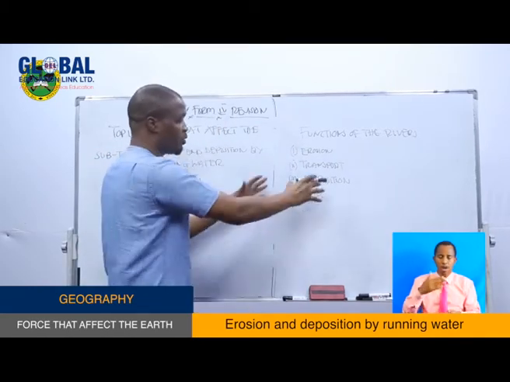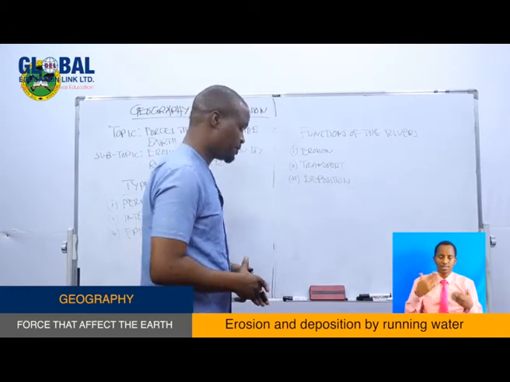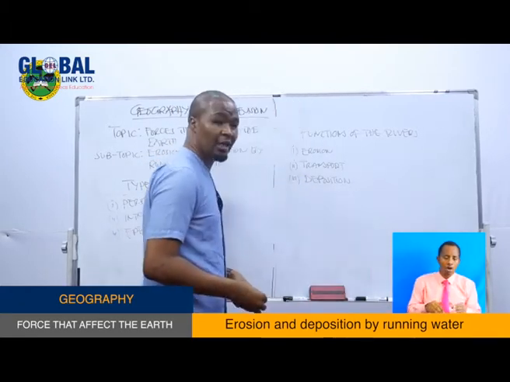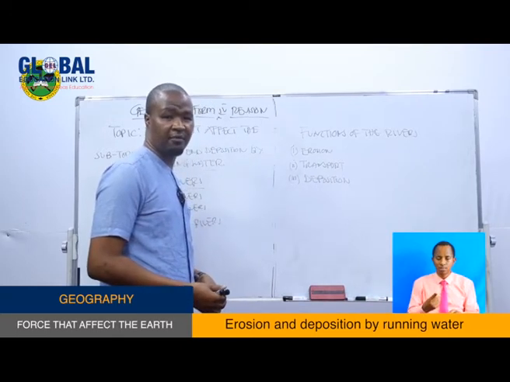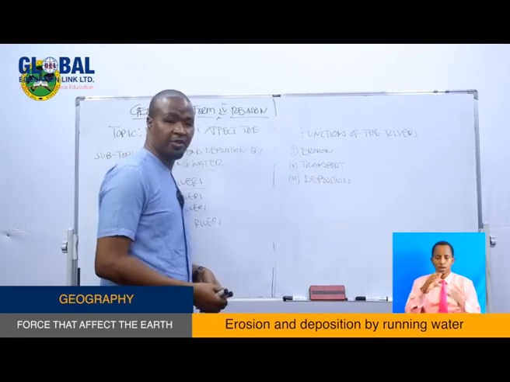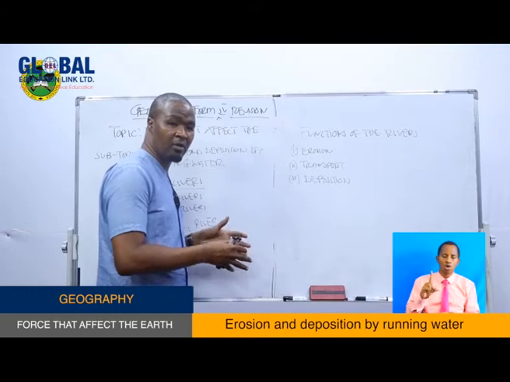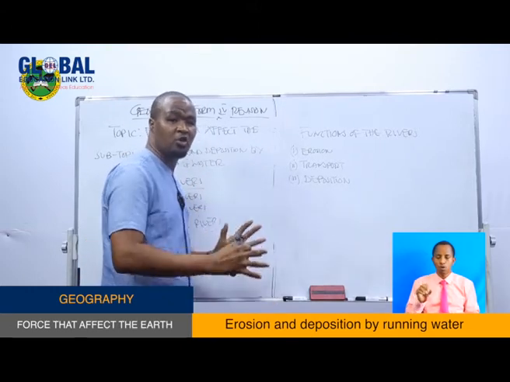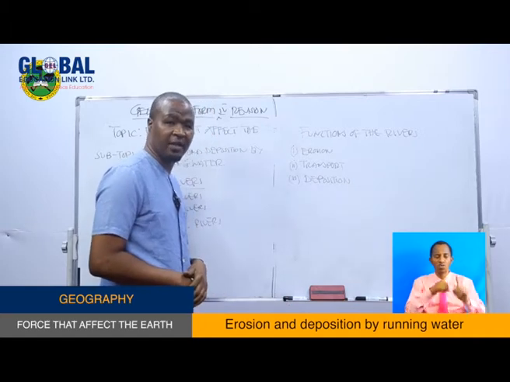So I'm going to explain these three processes or functions played by the river using what we call the long profile of the river valley development. Are you with me? The long profile refers to the stretch or the distance from the mouth to the source of the river, the stretch from the upper to the lower point of the river valley development.